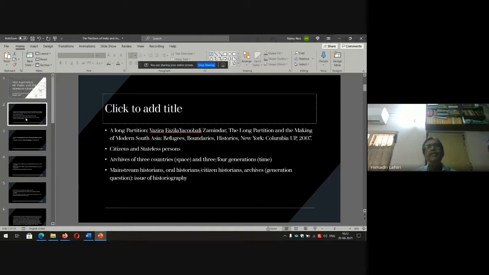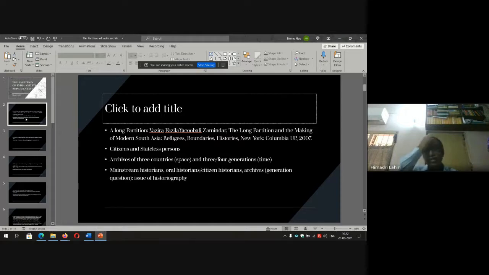It embraces the entire subcontinent, and even goes beyond the subcontinent to the archives present in England, for example, because England was the colonial master until 1947. And in its archives, there are many, many materials, letters, everything.